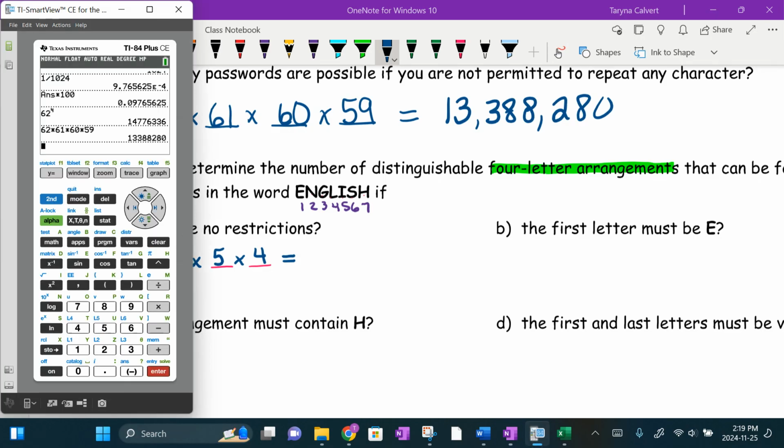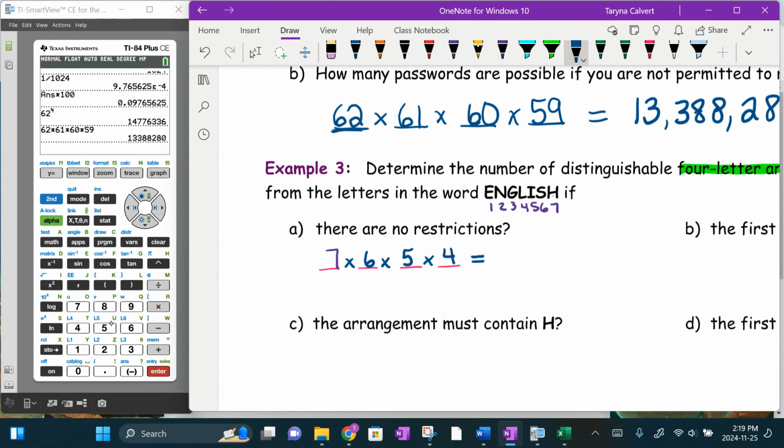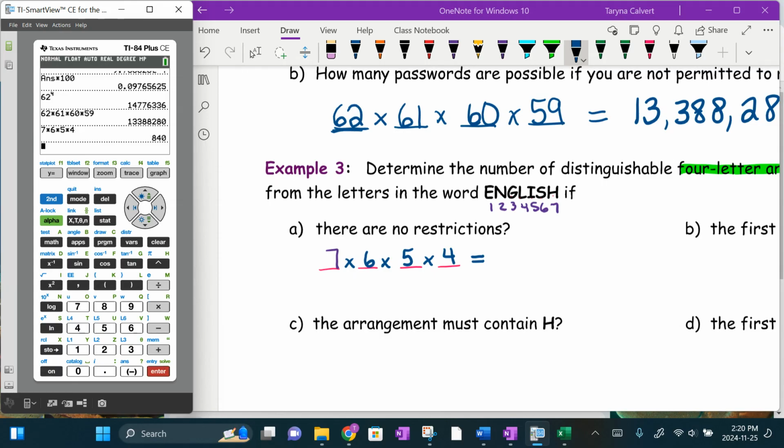Thank you, Jamie. So then 7 times 6 times 5 times 4. We are also going to learn different ways that this can be written. Right now, today, we're going to focus on this first part, the fundamental counting principle, just showing what we're multiplying. So this will equal 840.